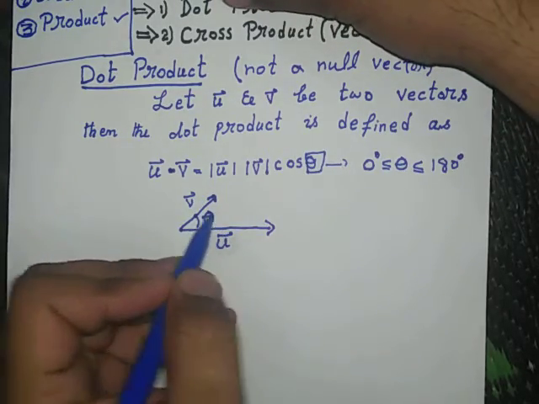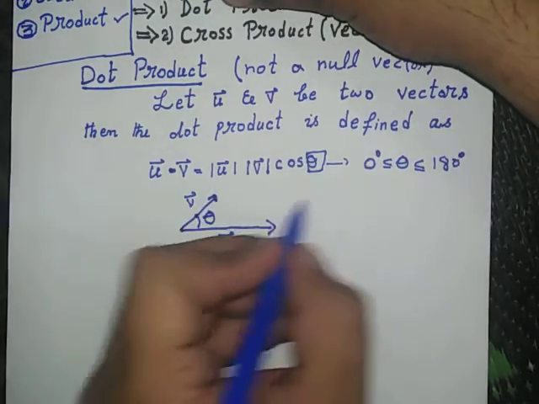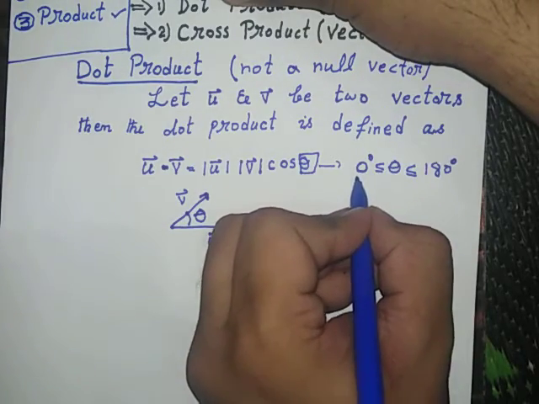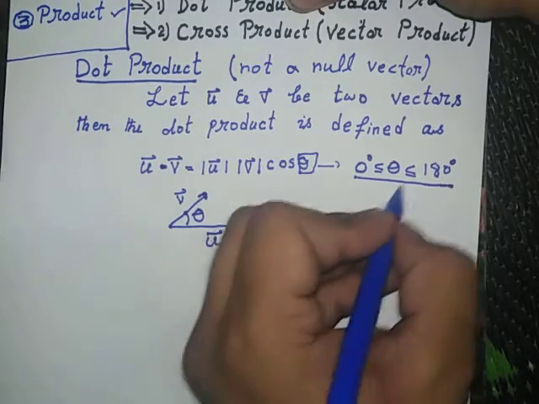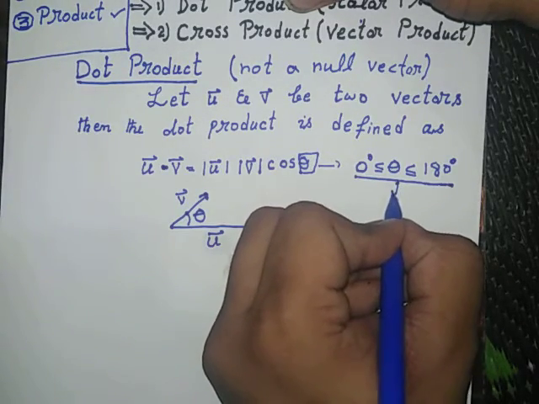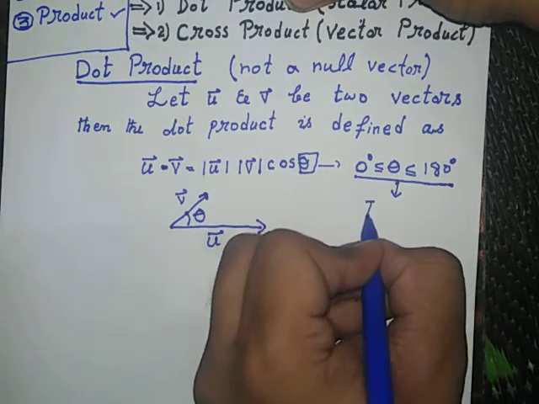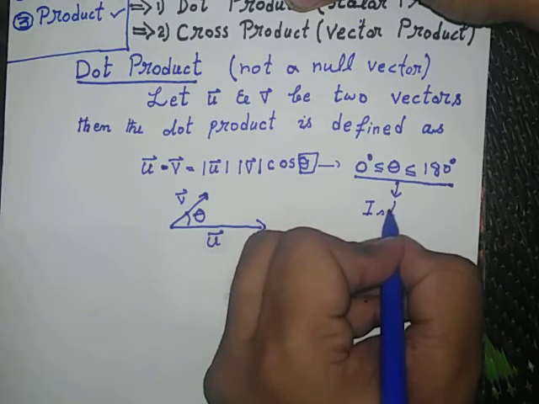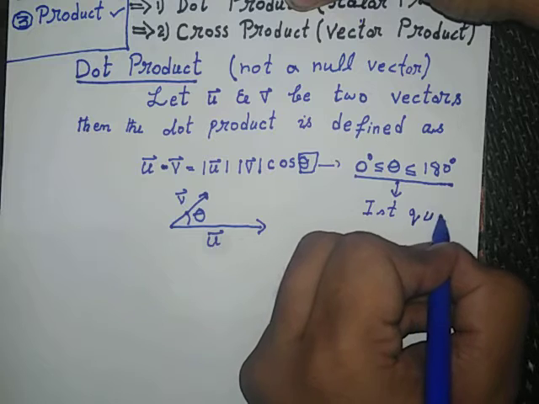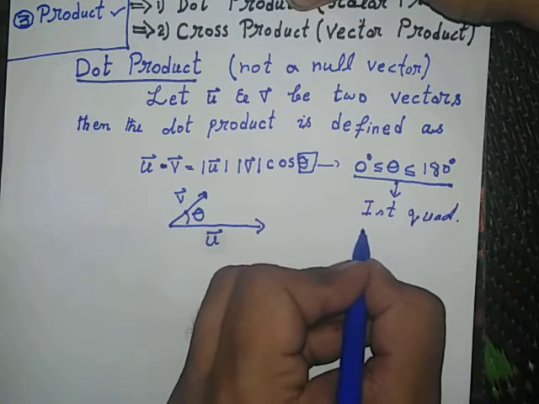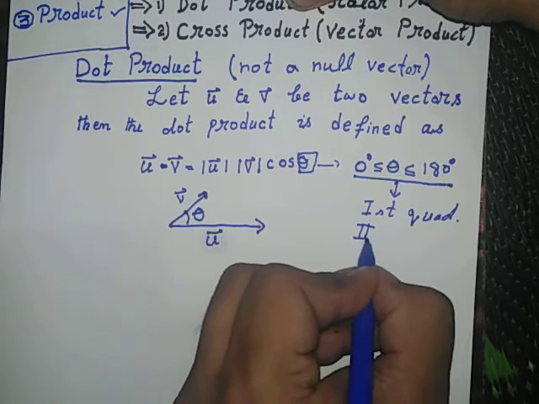Remember that theta lies between 0 and 180 degree. It means the angle lies in the first quadrant and second quadrant.